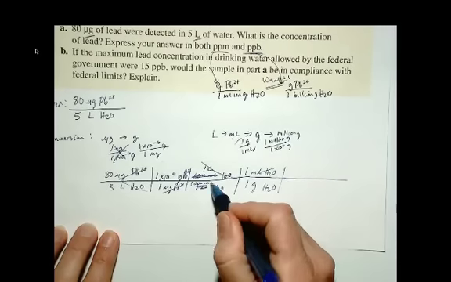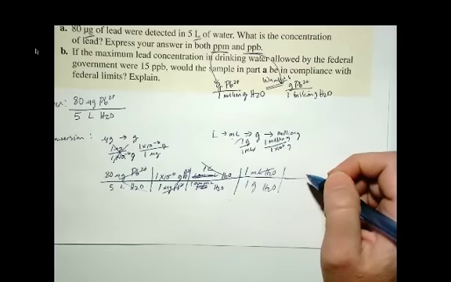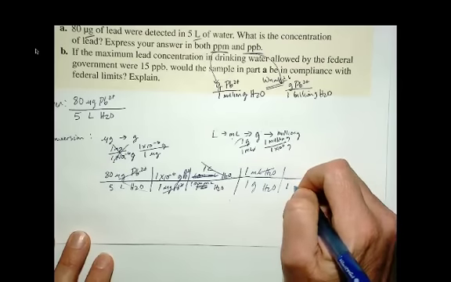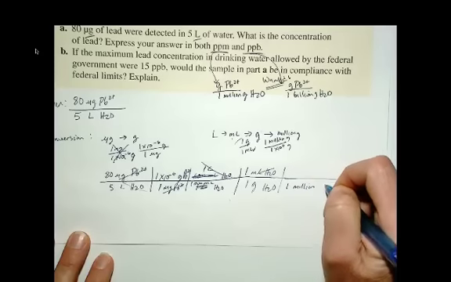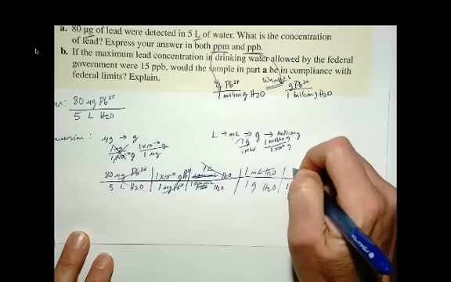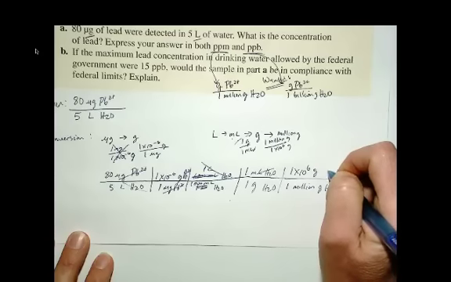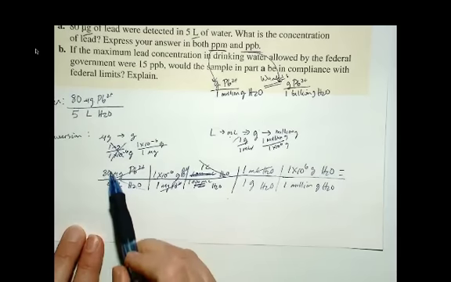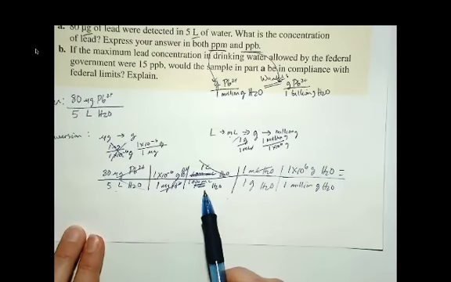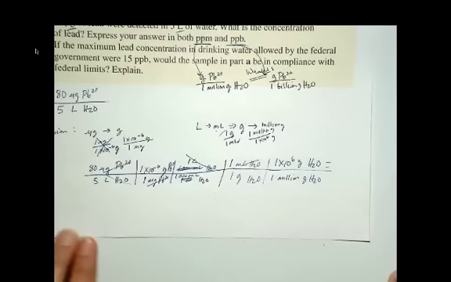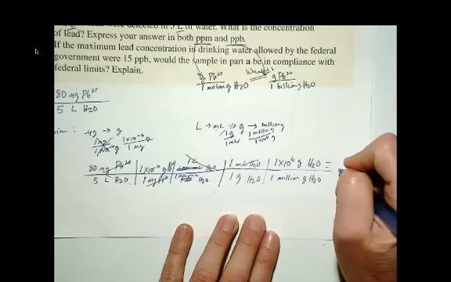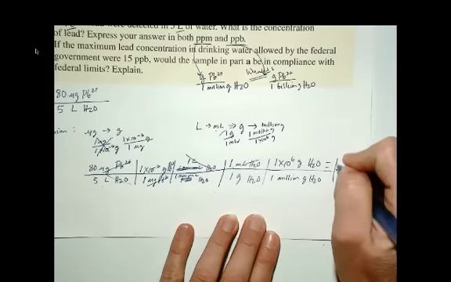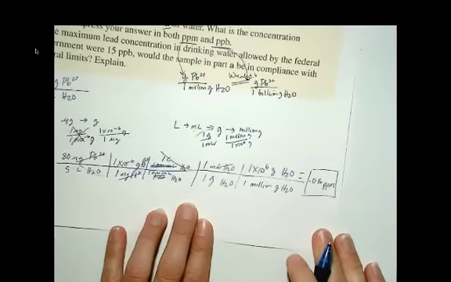Now I'm in units of grams of water, and I need to get to million grams of water. So 1 million grams of water is the same as 1 times 10 to the 6 grams of water. Now if I just do the math, 80 divided by 5 times 1 times 10 to the -6 divided by 1,000 times 1 times 10 to the 6th, I end up with 0.016 parts per million. So that's the concentration in units of parts per million.